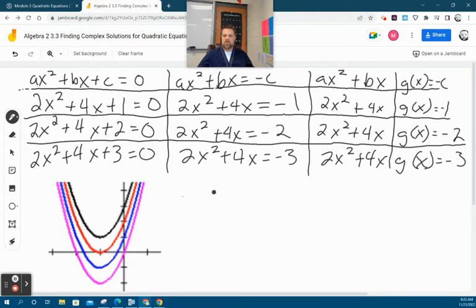Remember, and you'll want to write this down, solutions to a quadratic is when y equals 0.